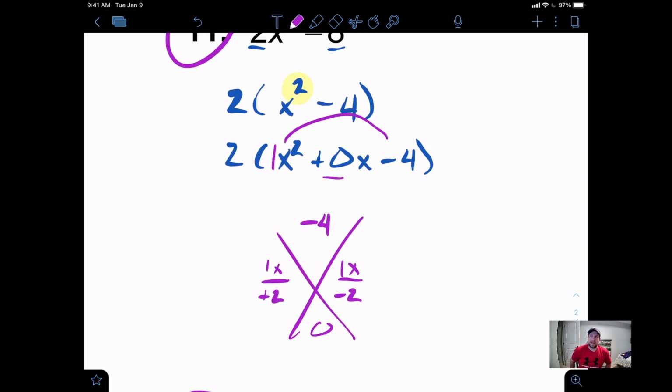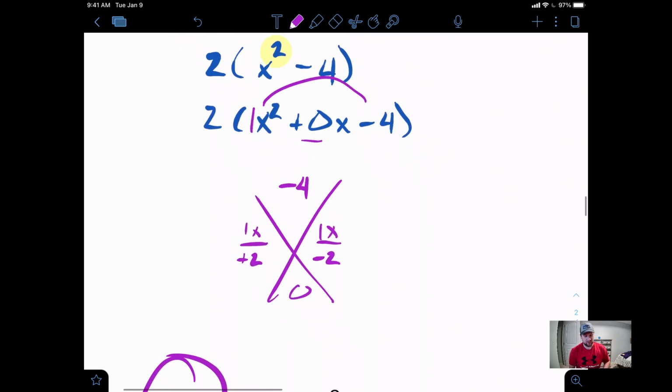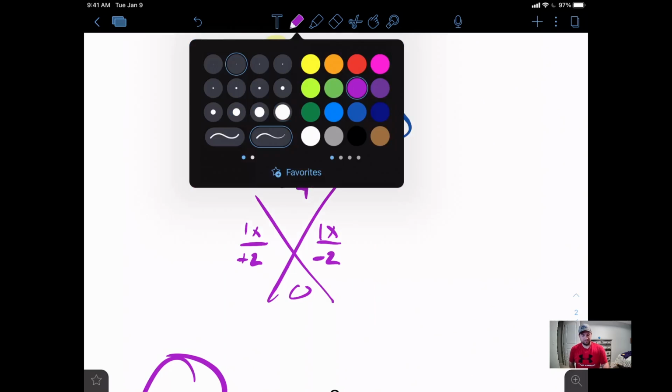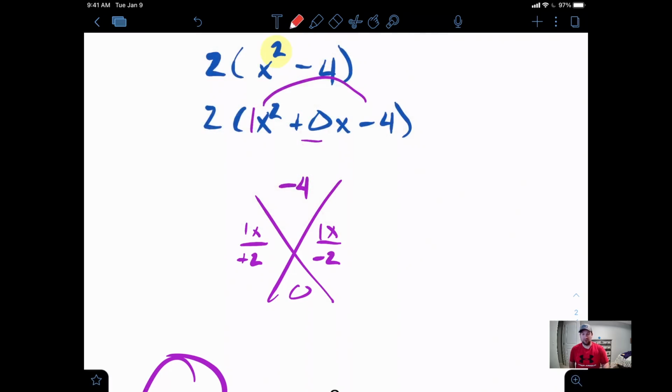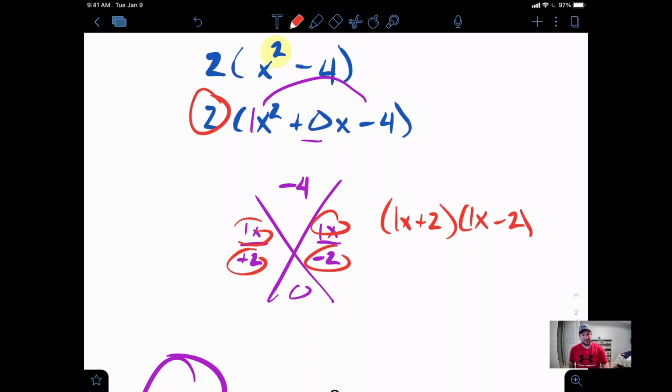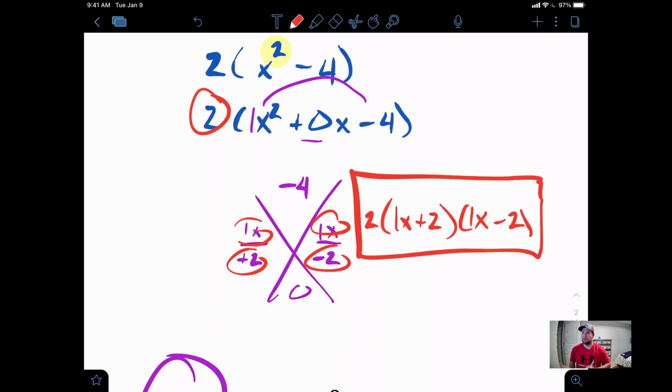So at this point, like I've always said, come over here, reduce if possible. We can't in this one, so we'll have 1x plus 2, and we'll have 1x minus 2. Now, we did have this 2 in front, so don't forget to put the 2 in front over there. Nice job.